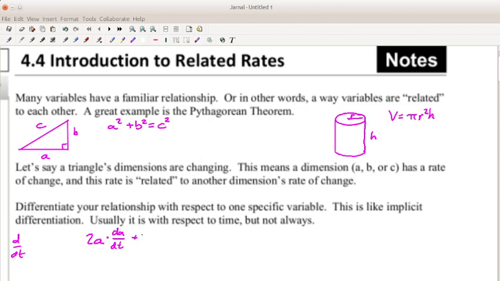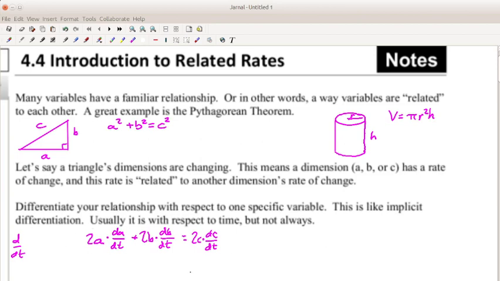Then we add to that, again power rule, 2 times B times dB dt, and that would be equal to, again power rule, 2 times C times dC dt. And then if we have numbers for each of these things, if we know how fast they're changing, increasing, decreasing, and have starting values for A, B, C, we can solve different problems.